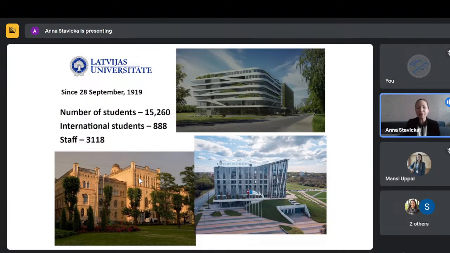I am an assistant professor and senior researcher, and my main research focus is on teacher education and also internationalization of higher education and the related topics.